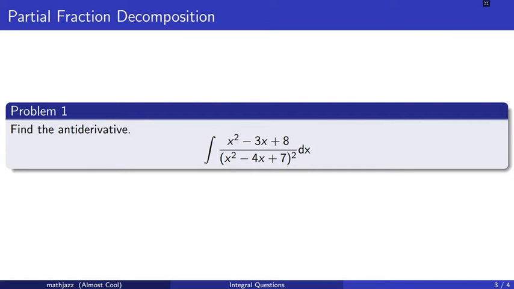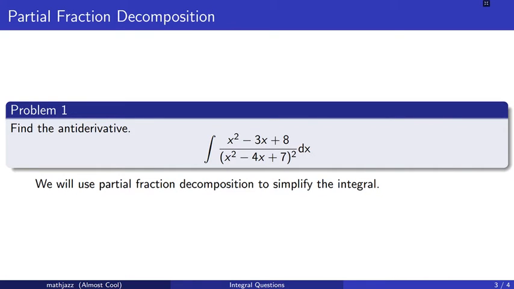We are finding the antiderivative of x squared minus 3x plus 8 over the square of x squared minus 4x plus 7, and we're integrating with respect to x. So we're going to find this antiderivative, and we're going to need every technique that we learn in a second semester calculus class. So first, though, we'll need to use partial fraction decomposition.